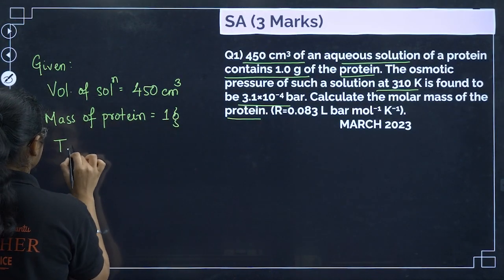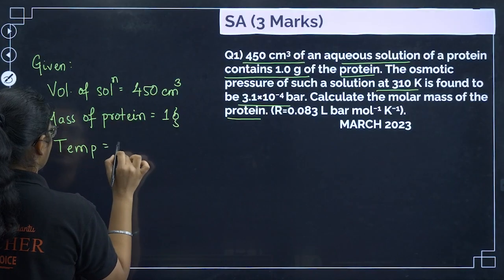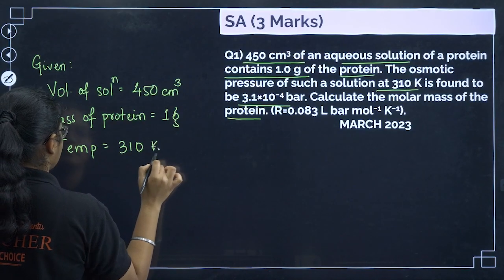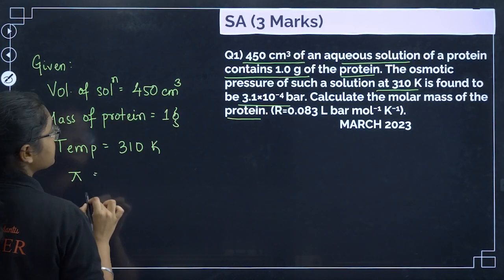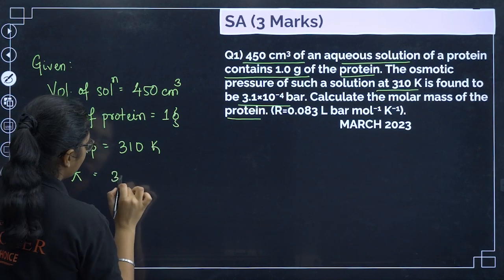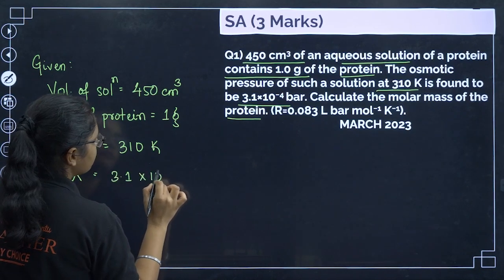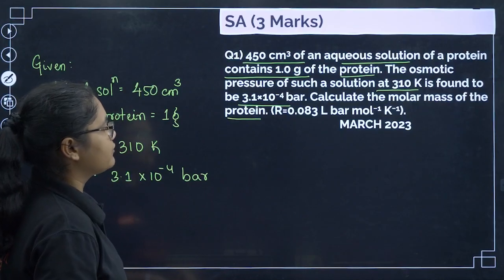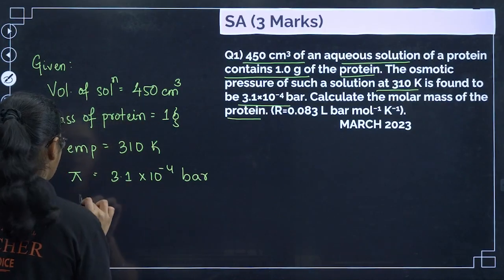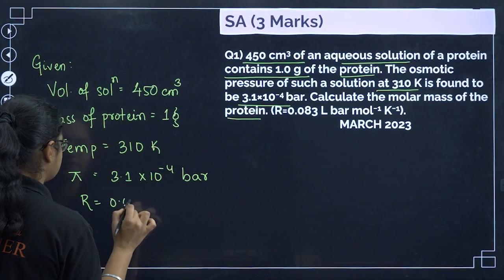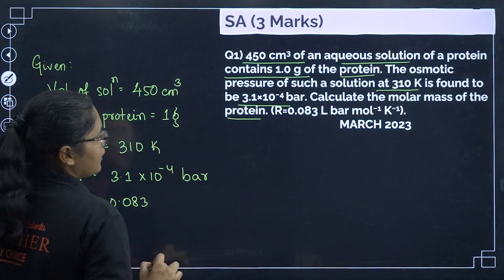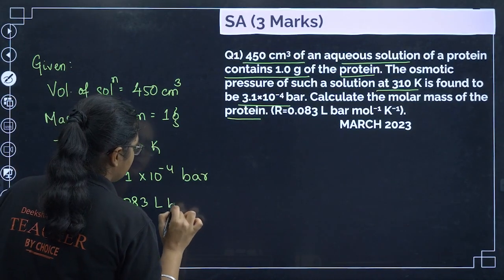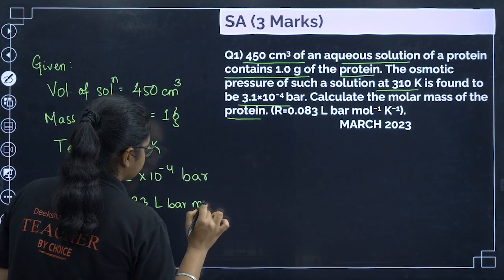Temperature is there. Temperature is how much? 310 Kelvin. Then we have osmotic pressure, which is equal to 3.1 into 10 to the power of minus 4 bar. Okay. Now we have to calculate the molar mass of the protein. R value is already given to you, 0.083 liter bar mole inverse Kelvin inverse.